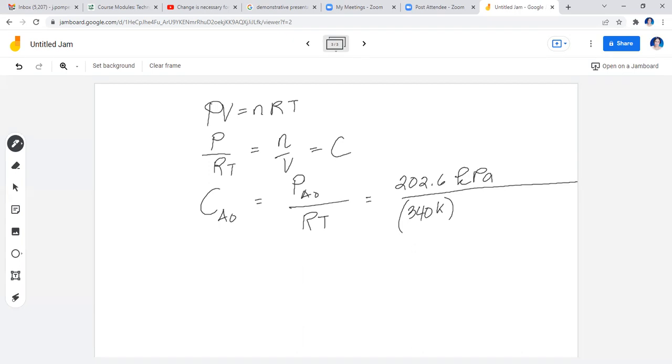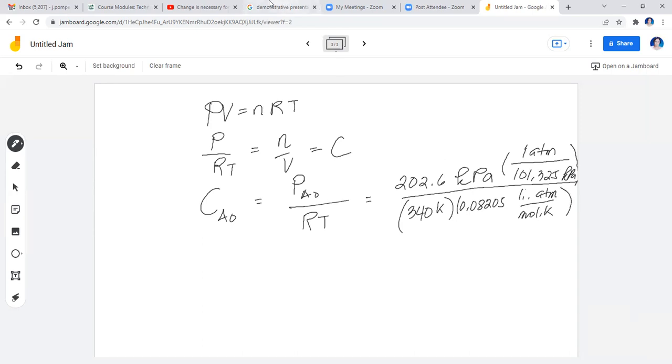Or you can have this converted. So you will have 101.325 kilopascal equal to 1 atmosphere. So you can use the commonly used R, which is 0.08205 liter atm per mole per Kelvin.